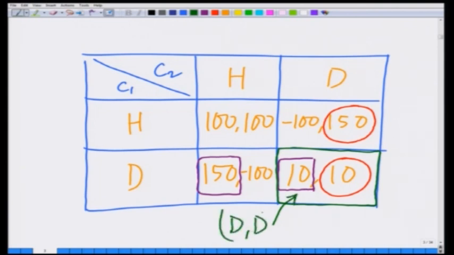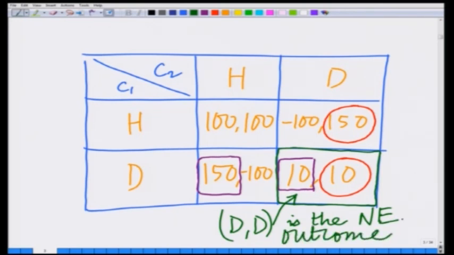D comma D, that is both focusing on defense, that is military preparedness, is the Nash equilibrium outcome of this Cold War game, which explains the kind of outcomes that we expect to see frequently in these Cold War scenarios, where both the countries involved are diverting a significant amount of resources towards military preparedness or basically towards defense spending.